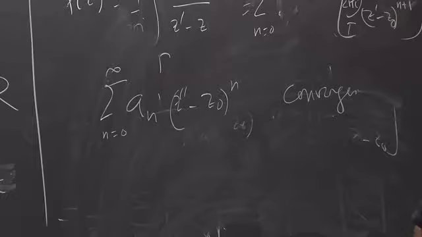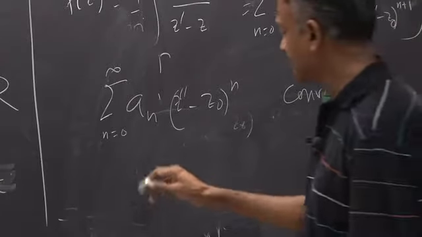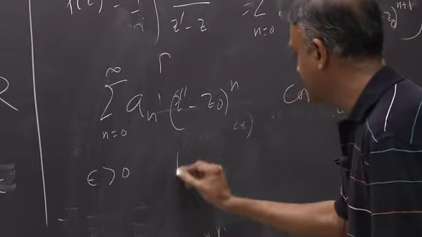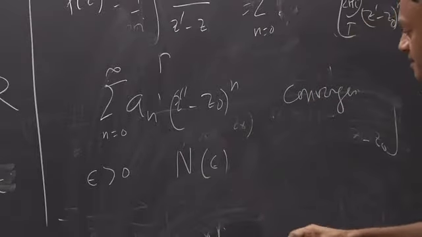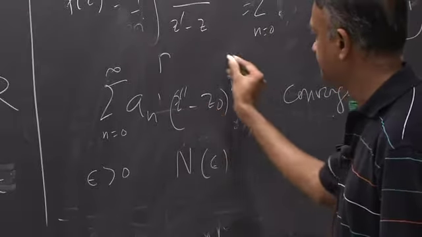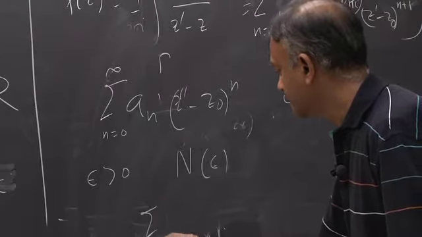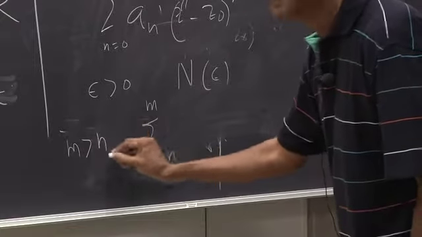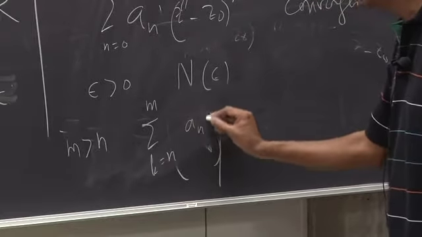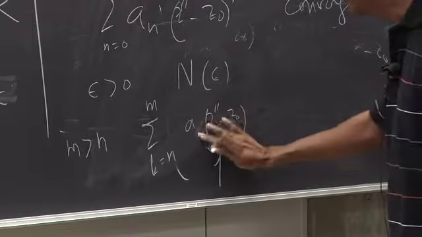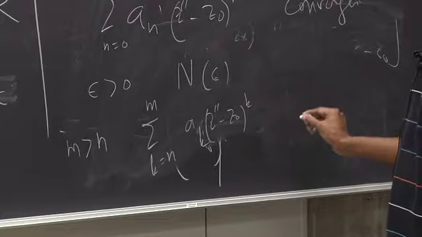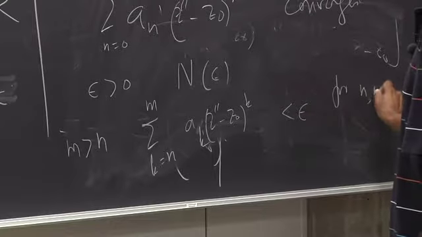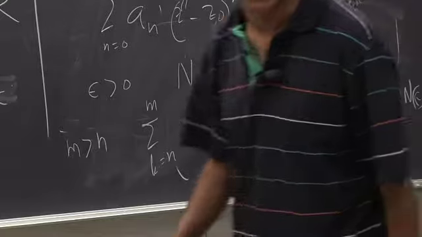But then by using the Cauchy criterion, remember, the Cauchy criterion says that for any epsilon greater than 0, there exists some capital N which depends on epsilon, such that the sum from k equal to n to m, where I take m greater than n, of these terms a k times z double prime minus z0 to the k, is going to be less than epsilon for all n and m greater than capital N. Right? This is the Cauchy criterion.